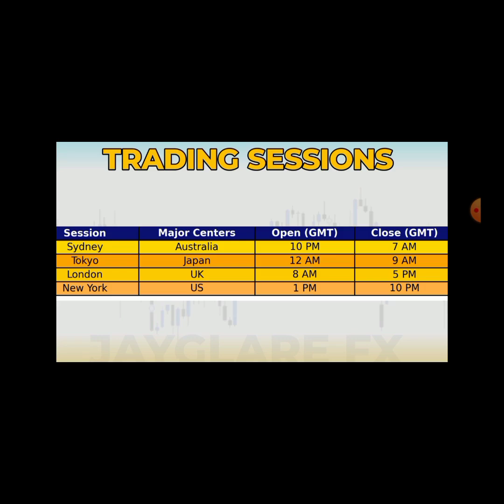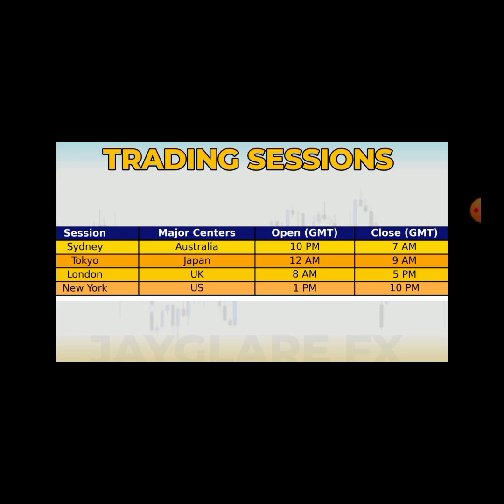It means that if GMT is 10 p.m., then our own will be 11 p.m. So you can go to Google and check the GMT of your country, whether it is +1, +2, and all of that. So that you'll be able to know which session is best for you, depending on what you are trading.